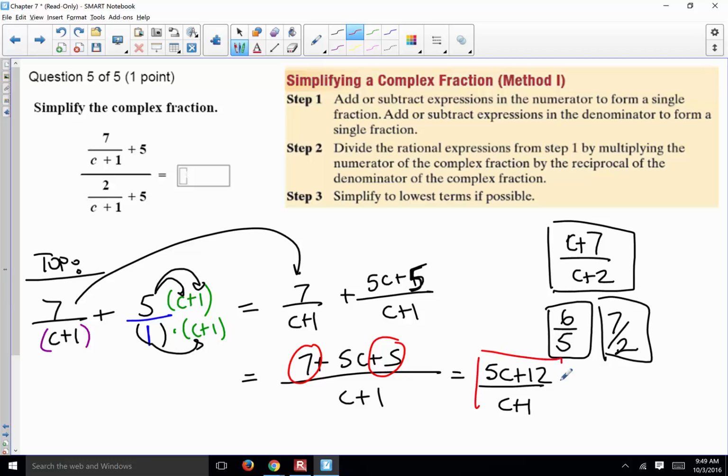So this is the top. I'm done with the top. Oh, can I factor this numerator 5c plus 12 and cancel with c plus 1? Can you factor this? No, there is nothing common between 5 and 12.